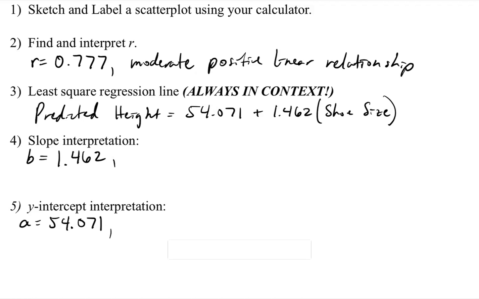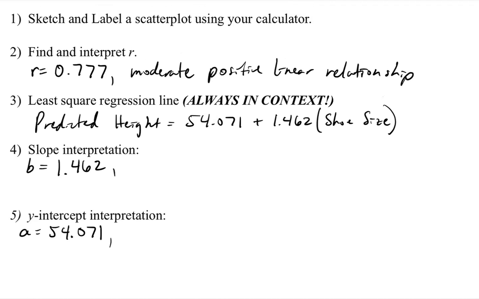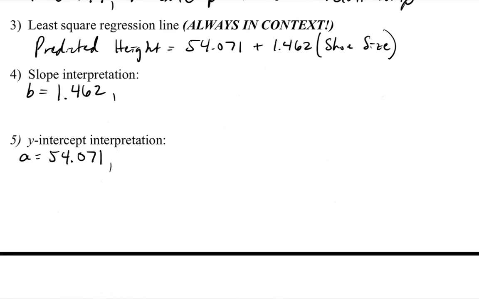Okay, so slope, 1.462. Remember, it's change in Y over change in X. So for every one increase in X, what was X? Shoe size. So for every increase of one shoe size, Y is going to change by that number there.